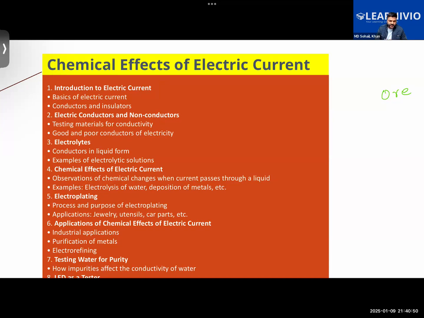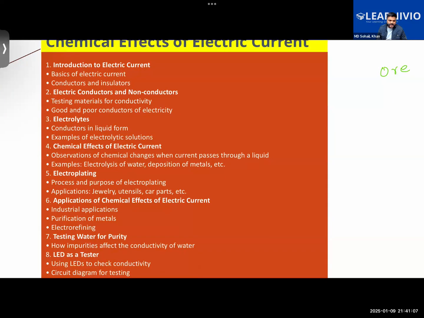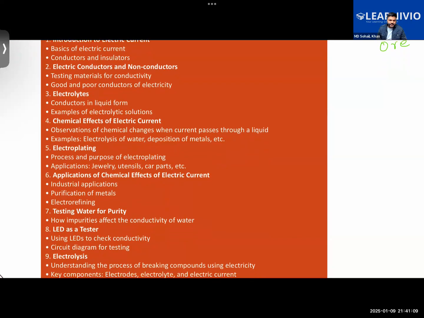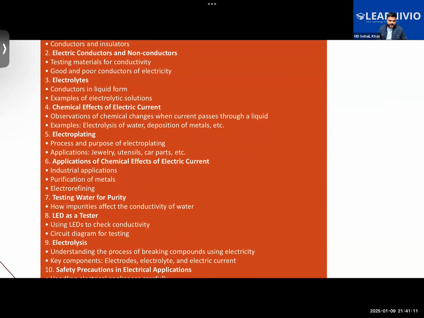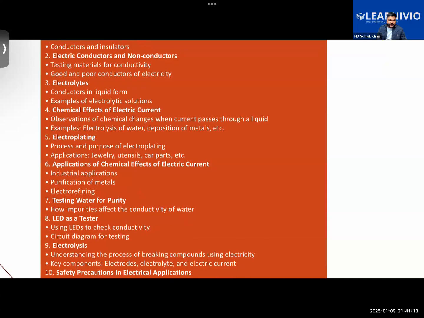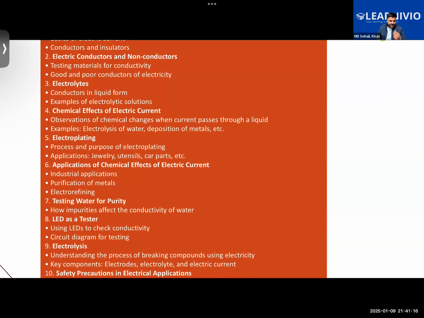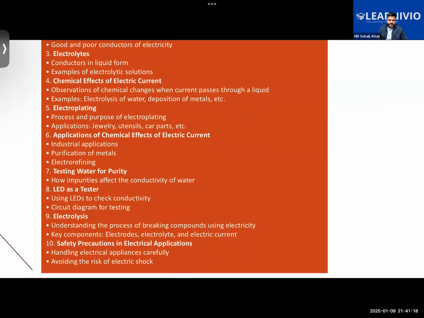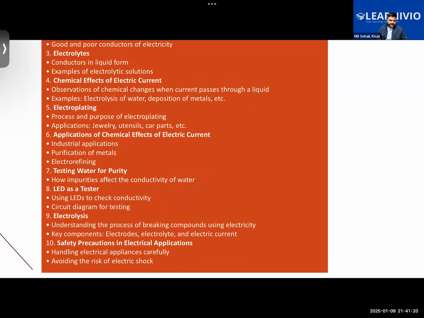Then we will learn about electrolytes, what the electrolytes are, then the chemical effects of electric current particularly, and some examples. Then we will learn about applications of the chemical effects of electric current, and how we can check water for its purity. If water is pure, it will not conduct electricity, but if it is impure, then it will conduct electricity.